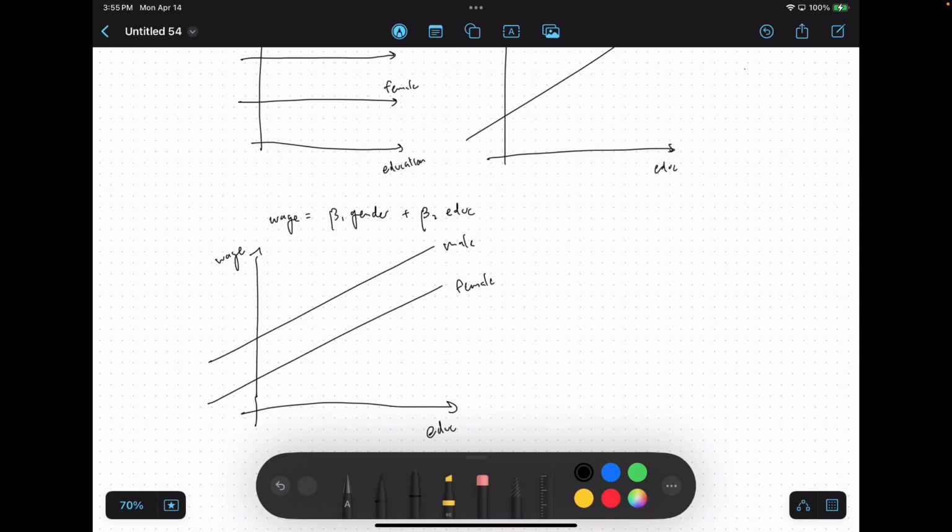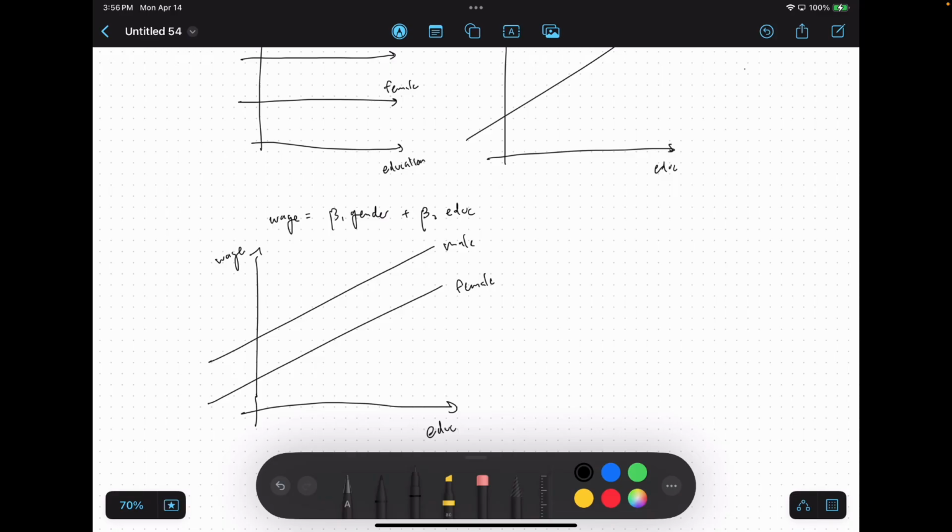We saw that every year of education was influencing the income the same between males and females, right? And so that means that the slope of these two lines is the same, but now we have two intercepts, this being the baseline, and then that difference being the beta for males. Okay?